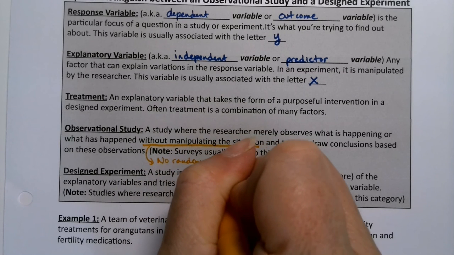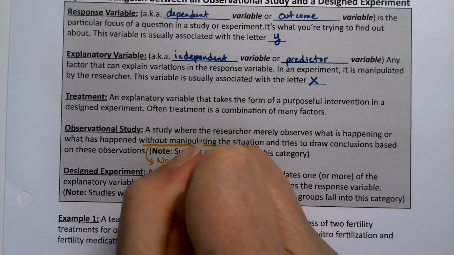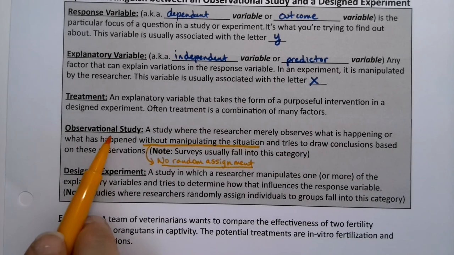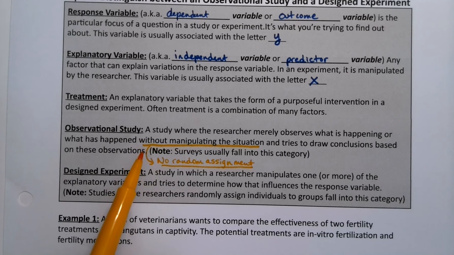The researchers do not get to assign who is in what group. That's an observational study. Surveys fall into this category because in a survey, you're just calling people up or talking to them on the street and you're asking them questions, but you're not getting to manipulate who gets what. That's not how that works.